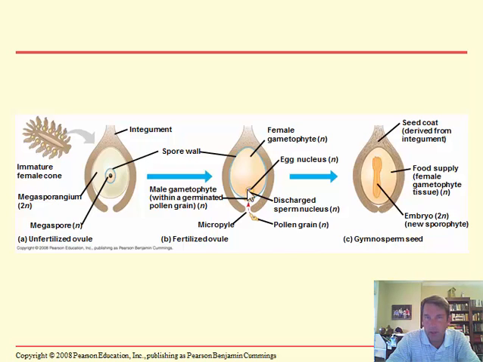The sperm carried by the pollen grain is haploid. They unite and form a diploid embryo, and that's going to grow into our new sporophyte. So that's the fertilization that occurs after pollination. The transfer of the pollen here is called pollination.